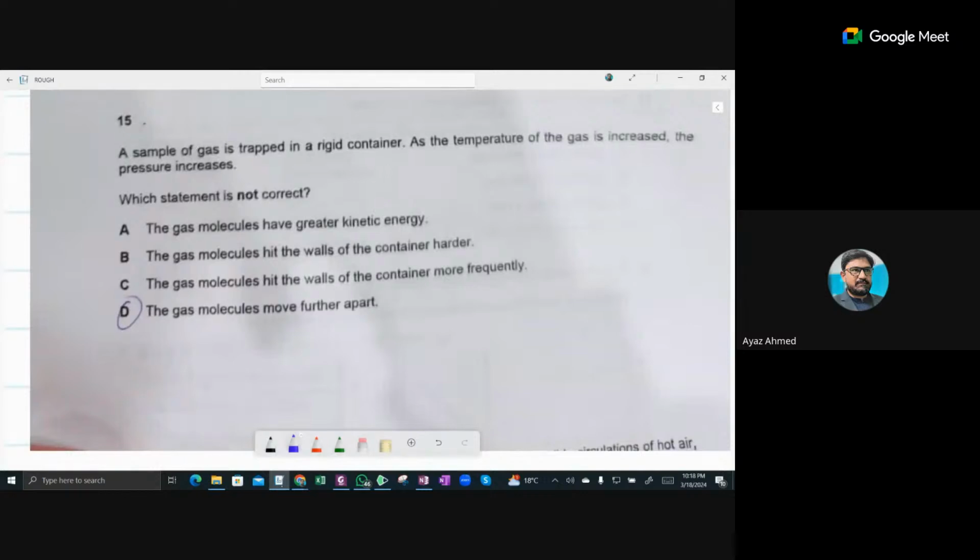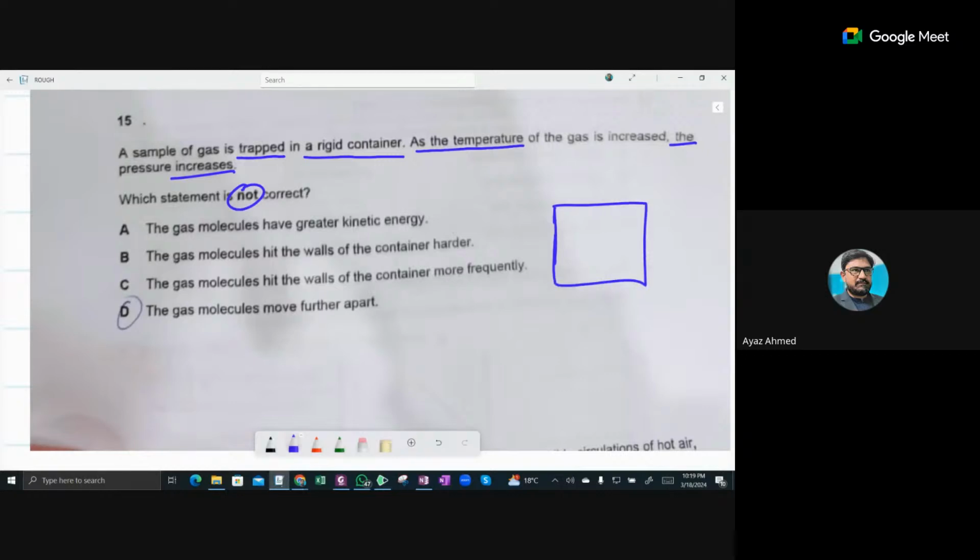A sample of gas is trapped in a rigid container. As the temperature of the gas is increased, the pressure increases. Which statement is not correct? The container is rigid, so the volume of the gas cannot change.